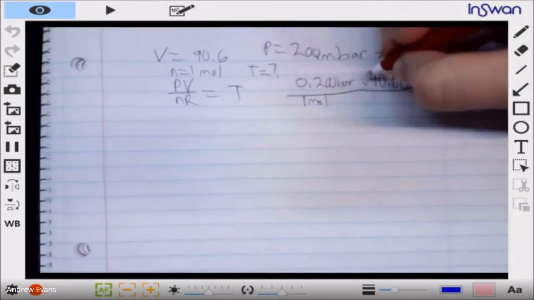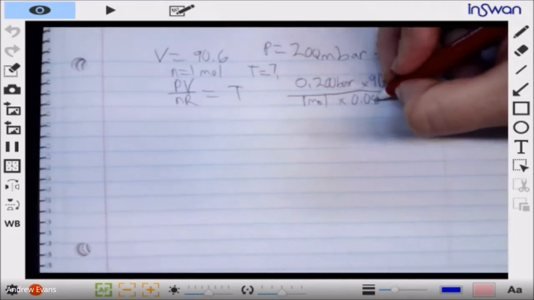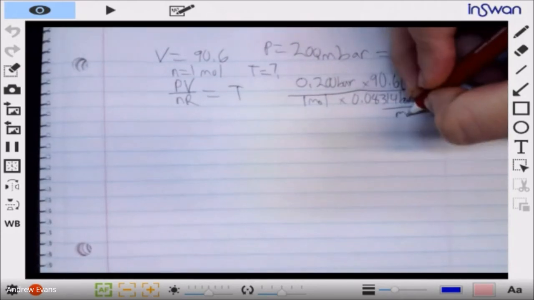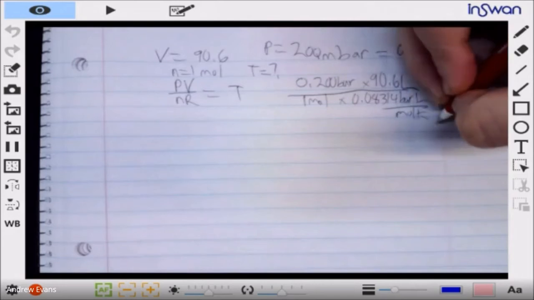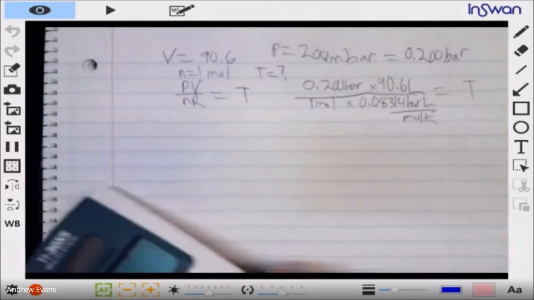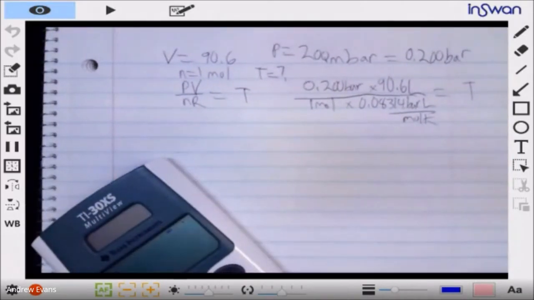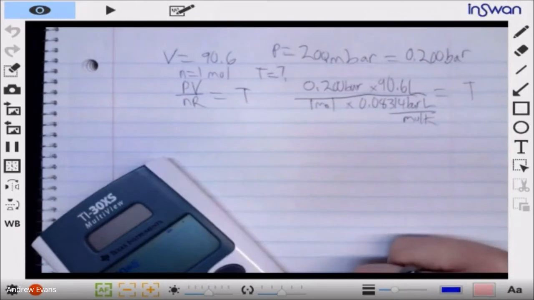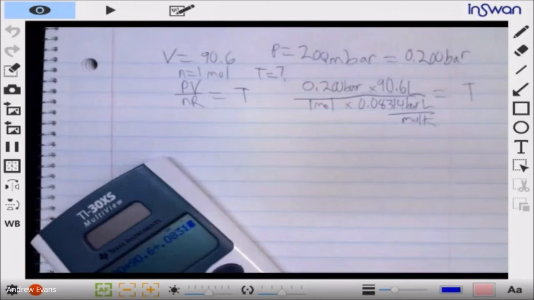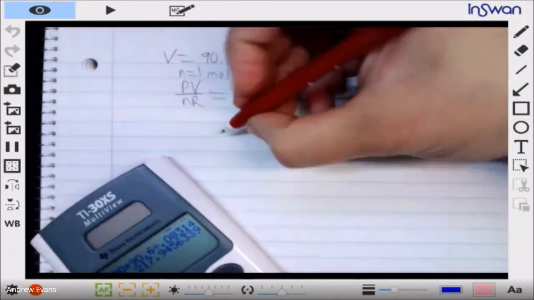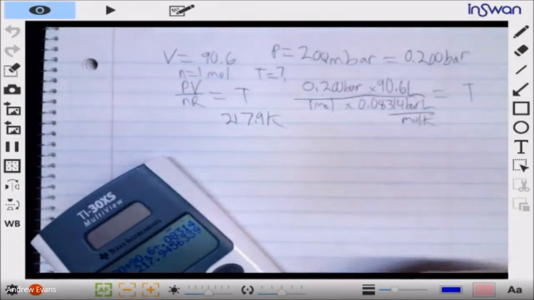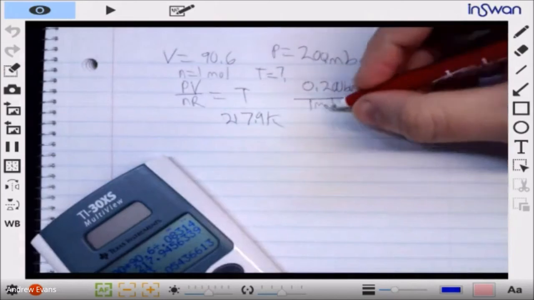And because this is bars, I'm using the 0.08314 bar liter per mole Kelvin. And that would give us our temperature in Kelvin. So 0.200 times 90.6 divided by our R. You get the temperature would be 217.9 Kelvin.